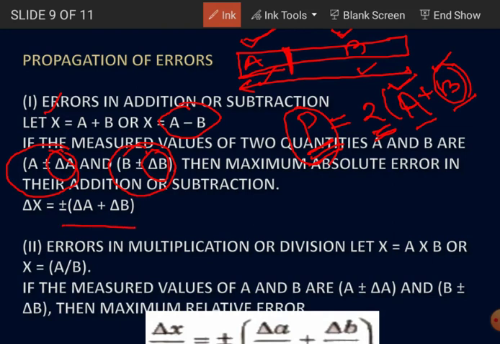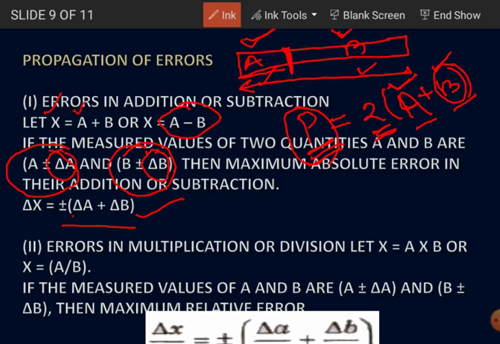Got it? And in the case of multiplication and division, the relative error will be added up. Here, in the case of sum or difference, it is the absolute error.